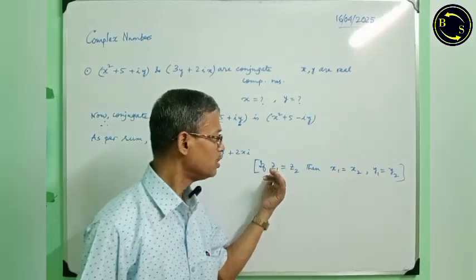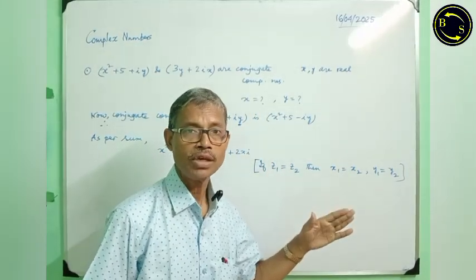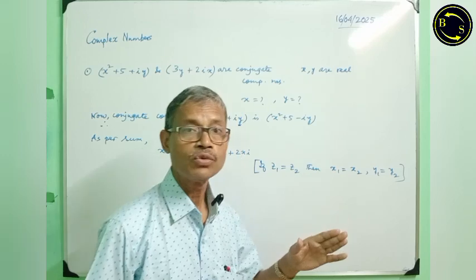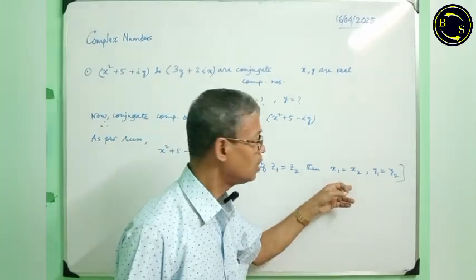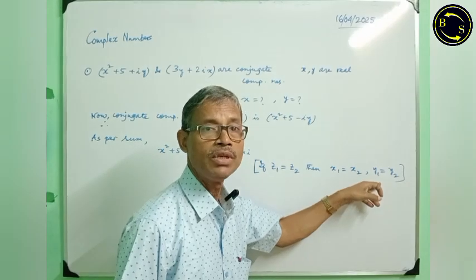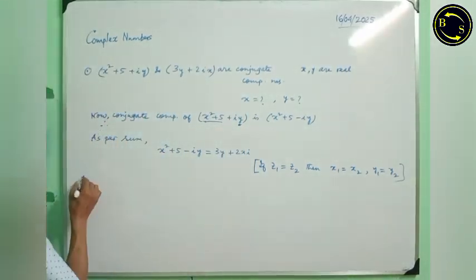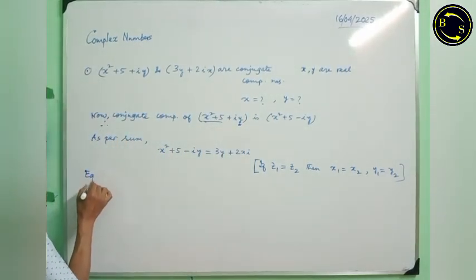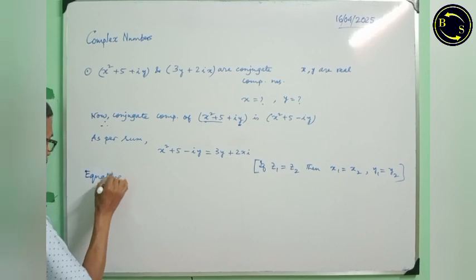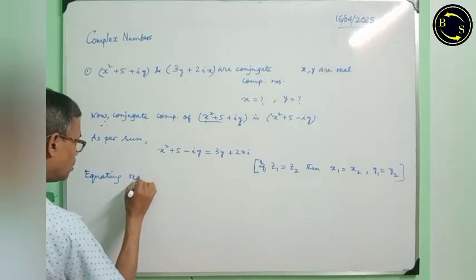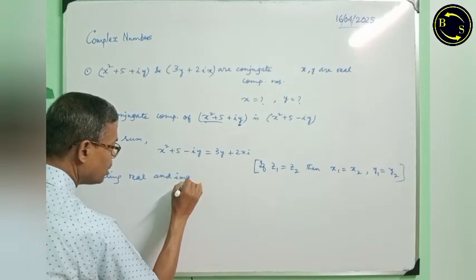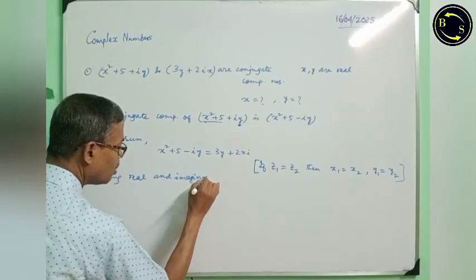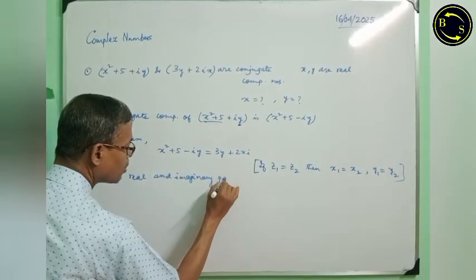If I take z1 as x1 plus iy1, z2 as x2 plus iy2, then real parts will be equal, imaginary parts will be equal, equating real and imaginary parts.